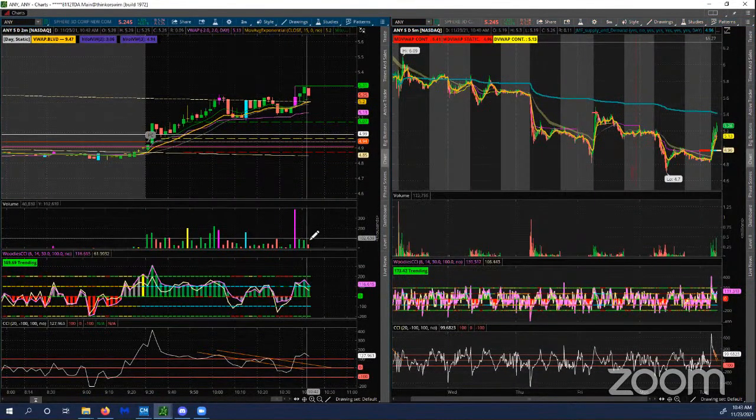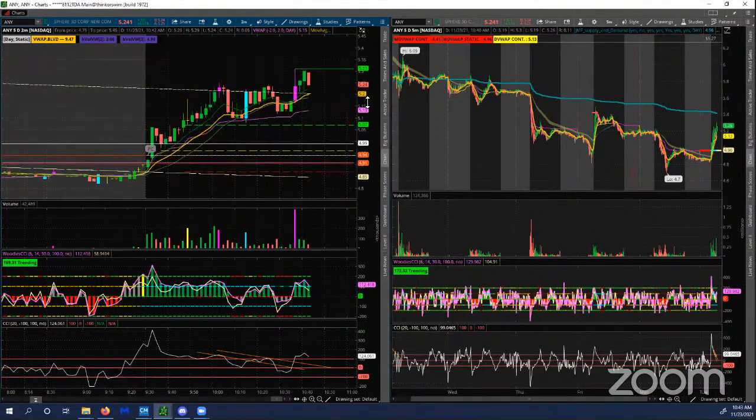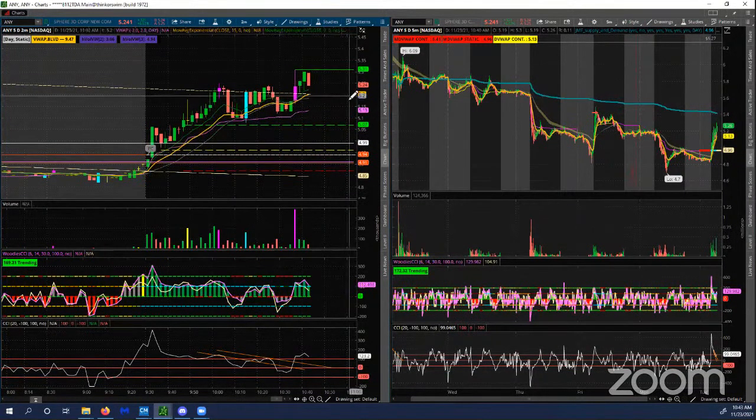We still have pretty light volume, so I was looking for it to do a hard drop below VWAP now, even though it's not. But it's not that part of the cycle yet, though. So that's the part that bothers me.